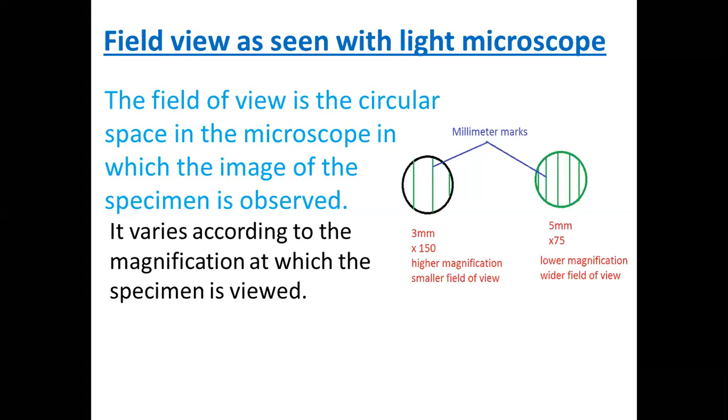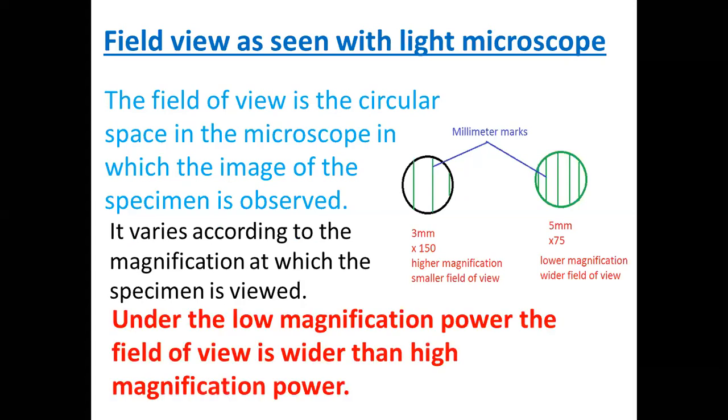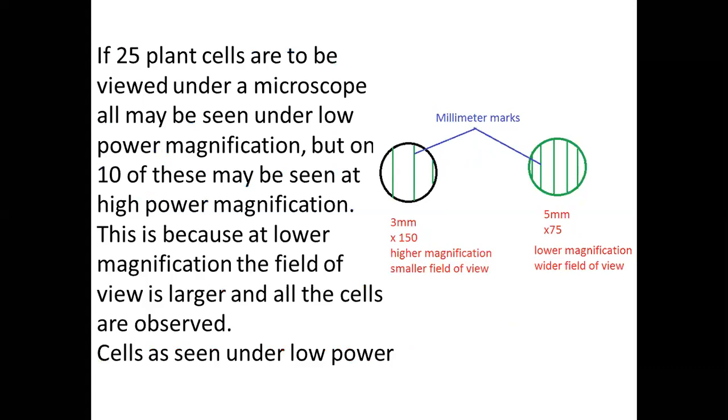And we are going to see the implication of such an observation in an exam scenario, as we had in 2001 KCSE. So under low magnification, the field of view is wider, but the magnification is low, the details are fewer. The resolution is lower.